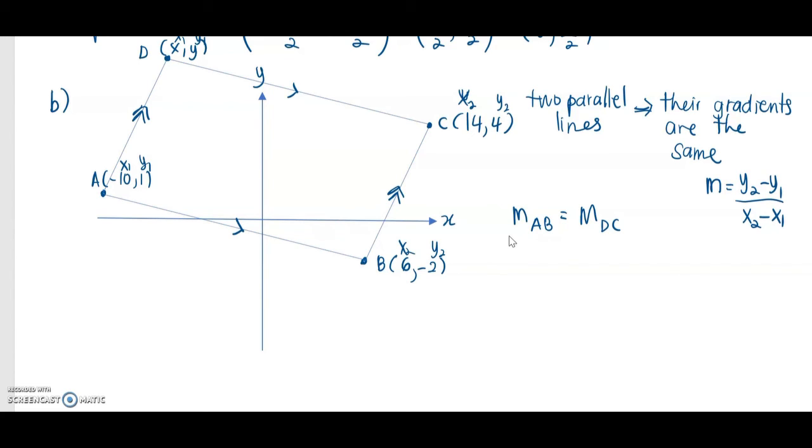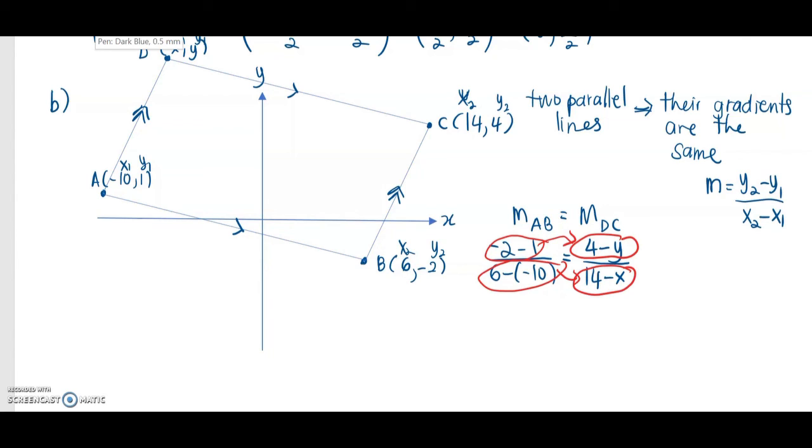Now we substitute the values into our formula. For AB, y2 minus y1 is negative 2 minus 1 over 6 minus negative 10. M_DC would be 4 minus y over 14 minus x. In order for us to find x and y, we compare this numerator to this numerator and this denominator to this denominator.